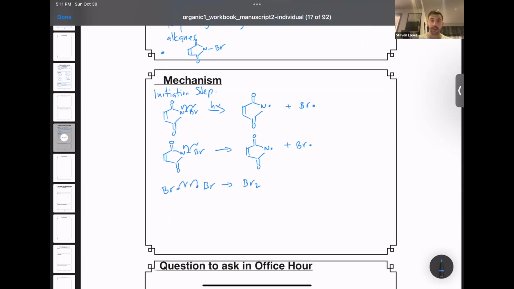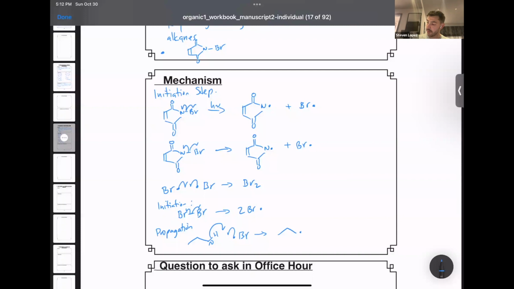And then this molecular bromine can then react with an alkane in a propagation step, forming this primary radical.